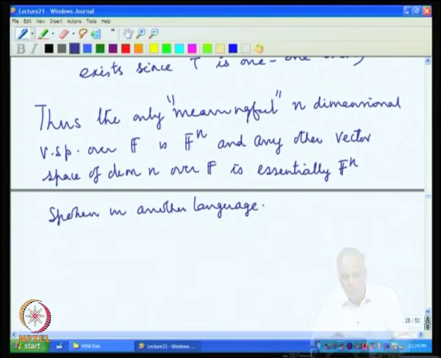The isomorphism is the translation dictionary, and therefore, it boils down to saying we study F^n carefully. If you know F^n, you know the whole universe of n dimensional vector spaces over F. Therefore, we shall continue looking at F^n more carefully. We shall look at this in the next lecture.